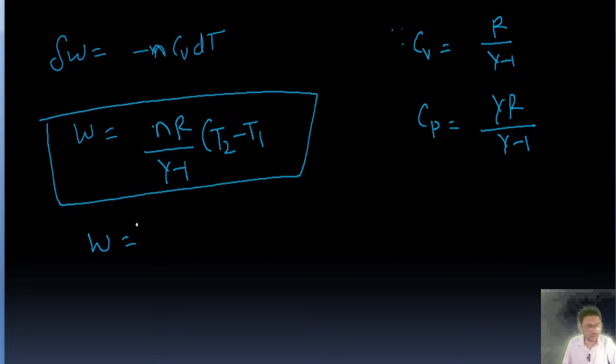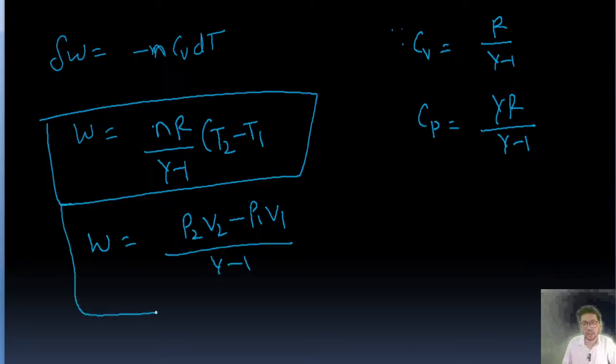Or W is going to be P2 V2 minus P1 V1 upon gamma minus 1. So these are the work done in an adiabatic process.